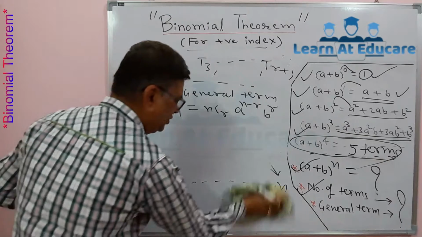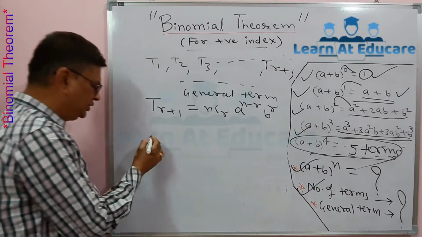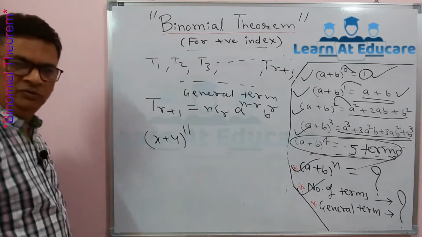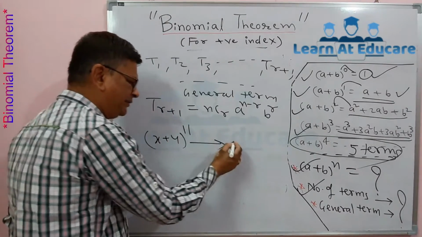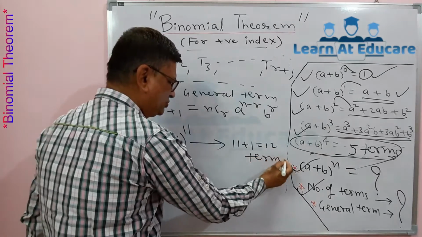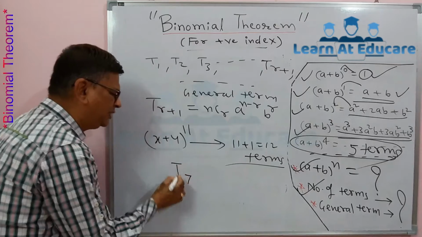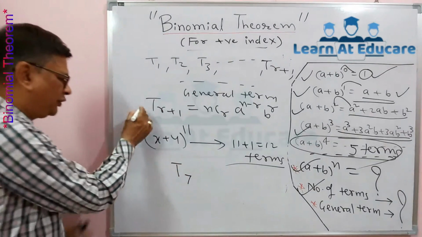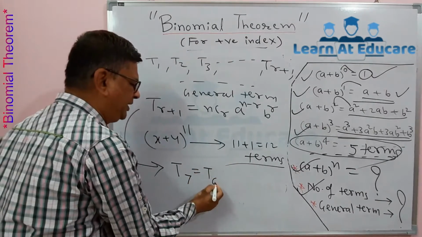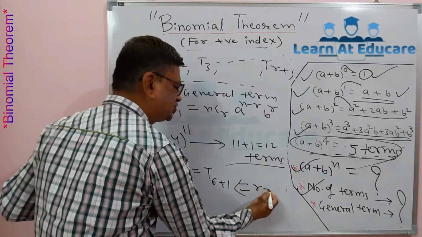To understand this, we will take some example, and suppose there is such an expansion (x plus y) raised to 11. We already know if this index is 11, there are 11 plus 1, means there are 12 terms in this expansion. And suppose we want to find the 7th term, that will be denoted by T7. According to this formula, T7 is the 7th term which can be written as T(6 plus 1), means here r equals 6.